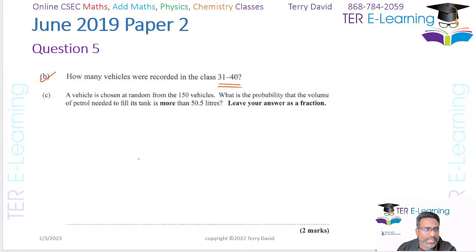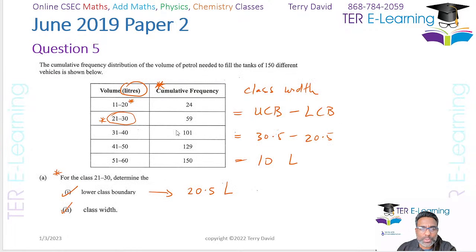They want to know 31 to 40. So they want to know what is the actual frequency for that interval. Now to do that, you are jumping from a cumulative frequency of 59 to 101. So if you want to work out that amount, all you need to do is take 101 and subtract 59.